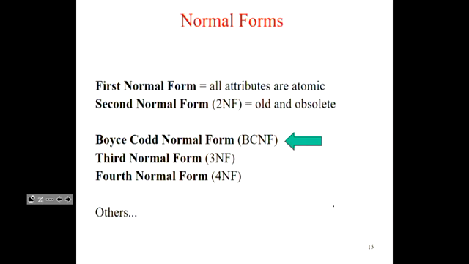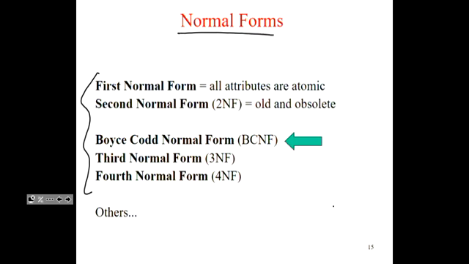And that decomposition process is called normalization. And there have been a bunch of different normalization methods that have been prescribed. These are 5 of them, and these normalization methods are called normal forms.